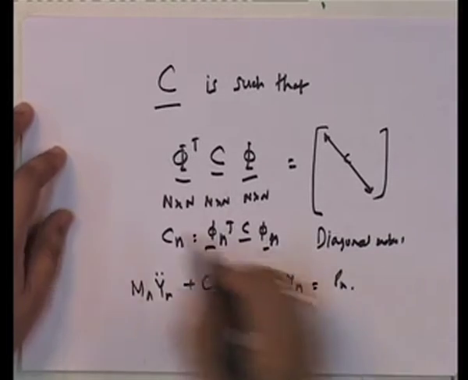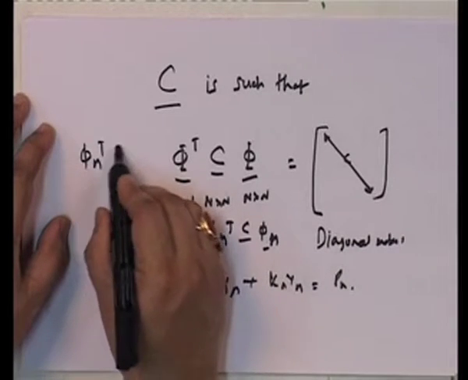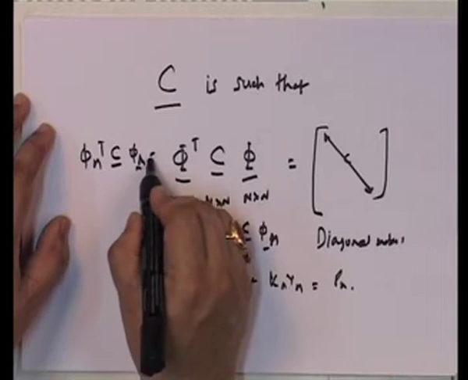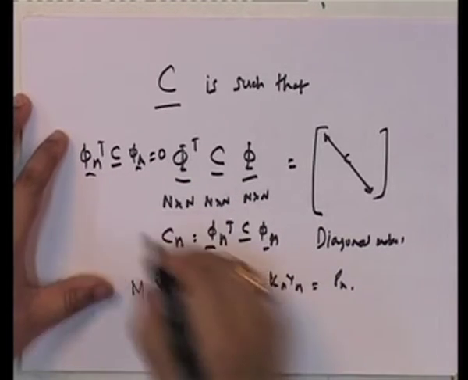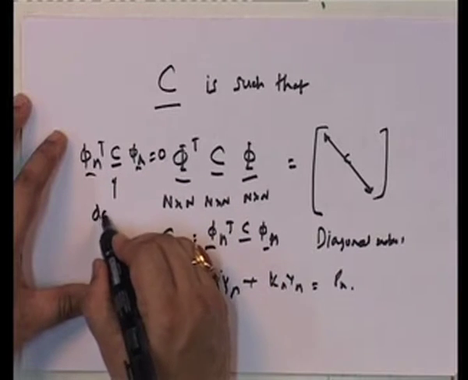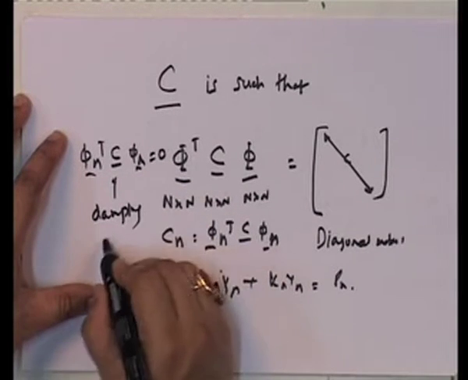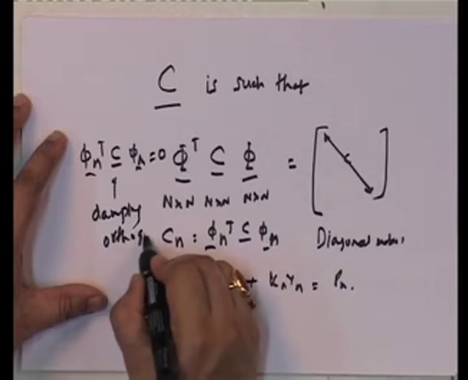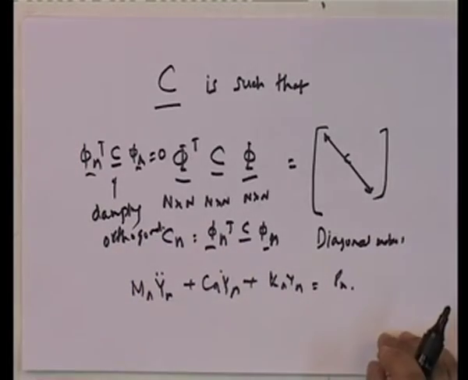and phi_n transpose C phi_m is equal to 0. In other words, it is also damping orthogonal. So, that means it is orthogonal with respect to the damping.